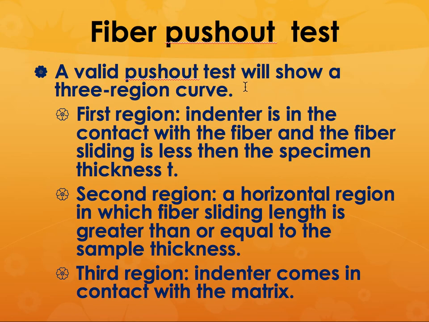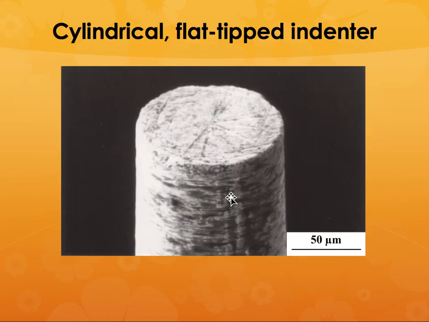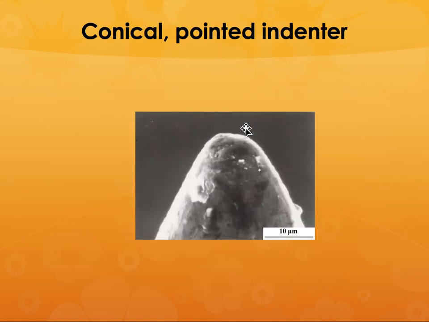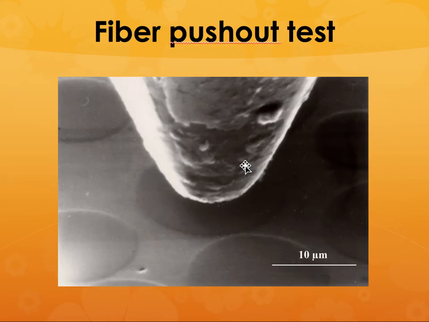A valid push-out test will show a 3-region curve. This is a flat-tipped indenter, and this is a conical pointed indenter. These are the different kinds of indenters, but most of the time we use a conical pointed indenter to measure the interlaminar shear strength.